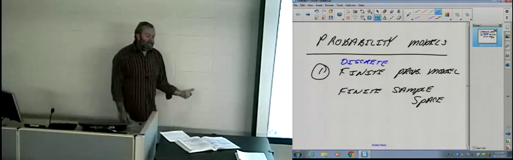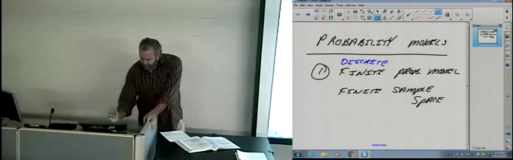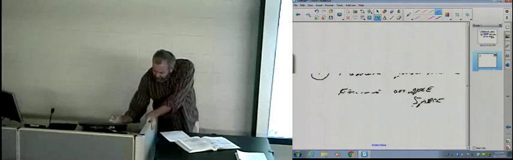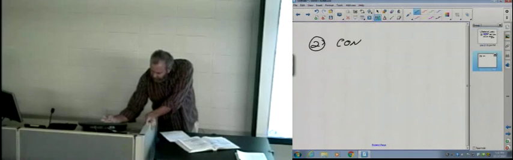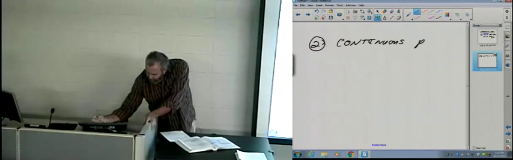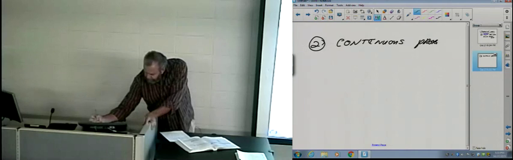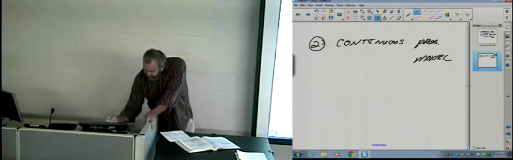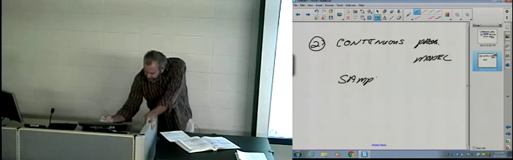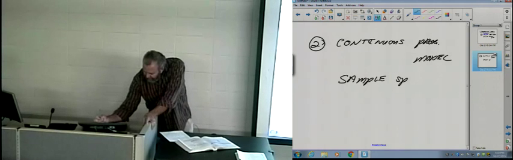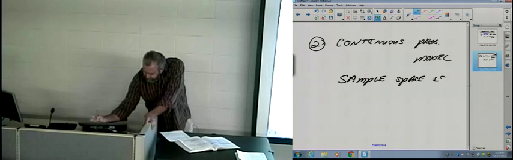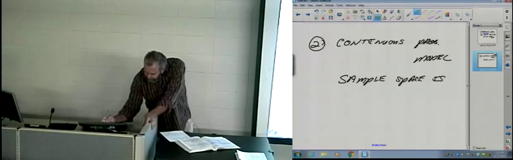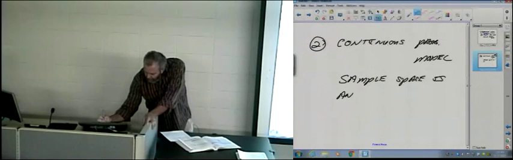The second type of probability model is something called a continuous probability model. What that means is the sample space is an interval of outcomes.